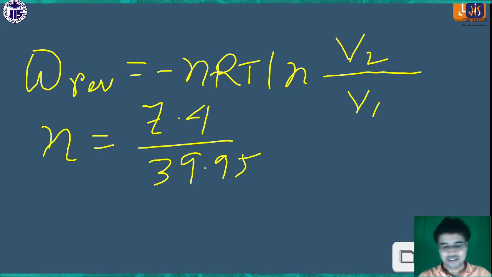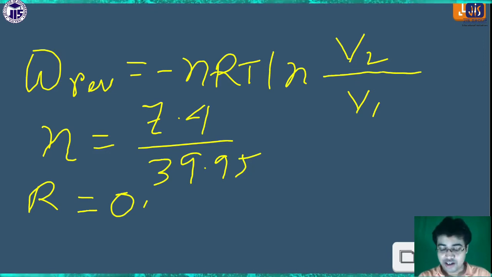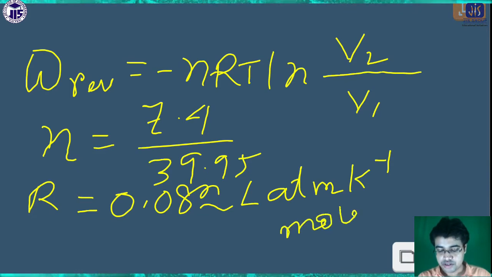We have to take the value of n, and R, you know what R is? R is the universal gas constant. Take its value in liter atmosphere, because we are calculating in liter atmosphere. So 0.082 liter atmosphere Kelvin inverse mole inverse.